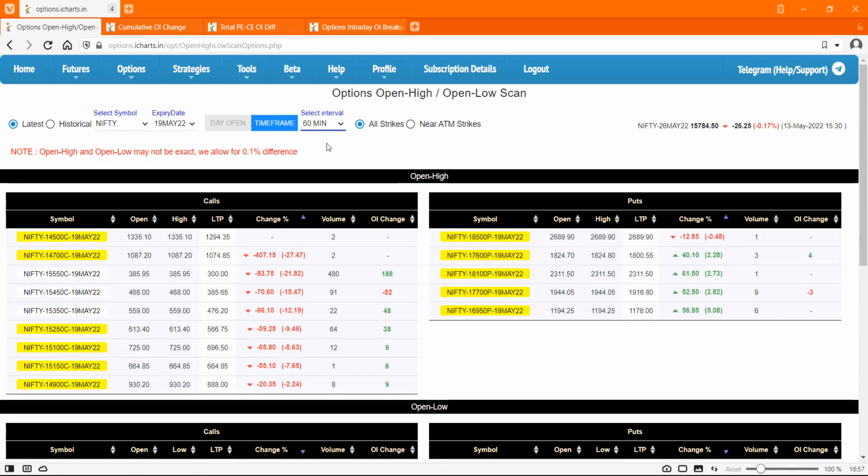So 60 minutes means 2:30? How come 3 o'clock? I'm saying our hourly candle in general will start at 2:31 p.m. I'll have to check. I don't know how this is being done, because this computation was done based on our old charts. In our old charts, 9 to 10 was the first hour, so 3 o'clock was the final hour.